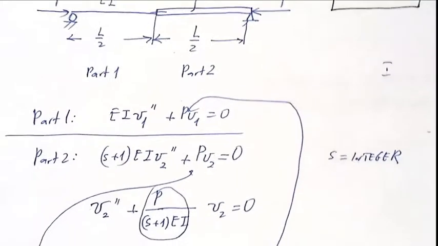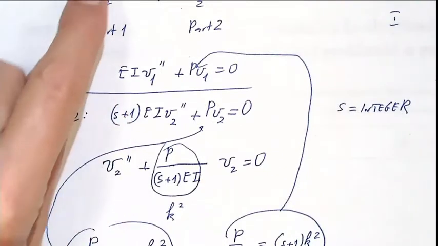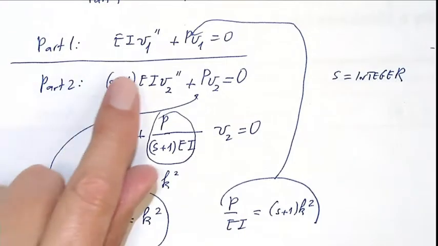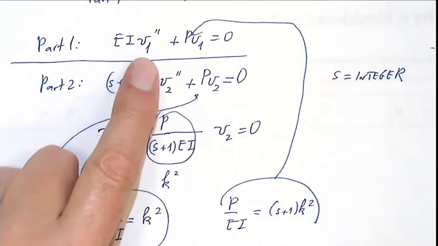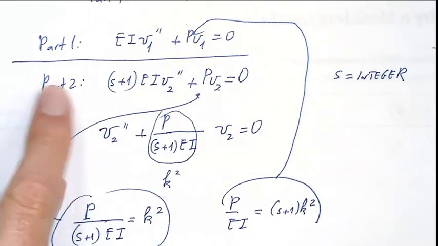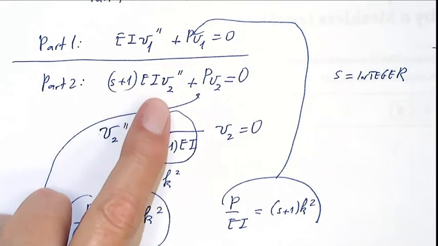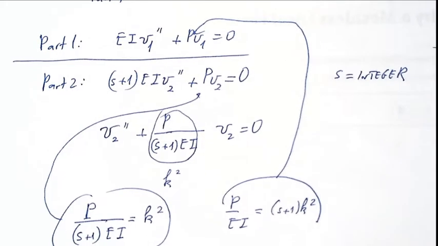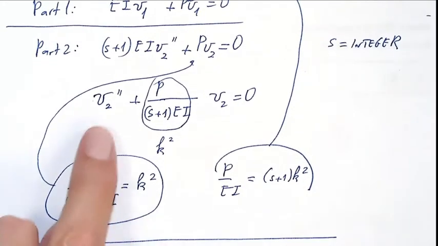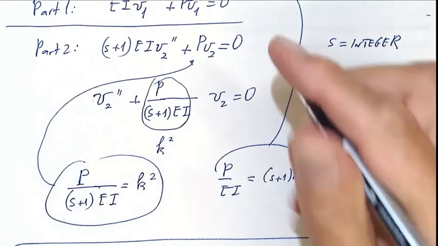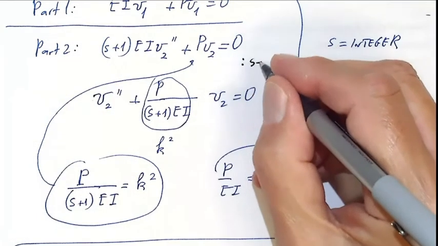Okay, I did write specifically what you should do. I did write, please write the differential equation for the first part and then for the second part. So, for the first part, EI V1 second derivative plus PV1 equals 0. Part 2, S plus 1 EI, V2 second derivative plus PV2 equals 0. So in the second part, I can divide everything by S plus 1 EI.